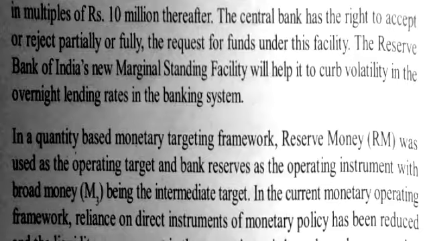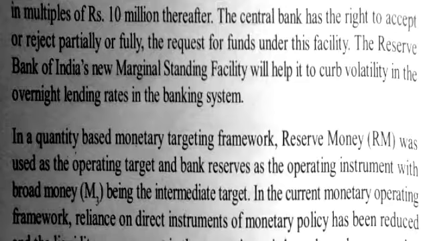In a quantity-based monetary targeting framework, reserve money (RM) was used as the operating target and bank reserves as the operating instrument, with broad money (M3) being the immediate target.